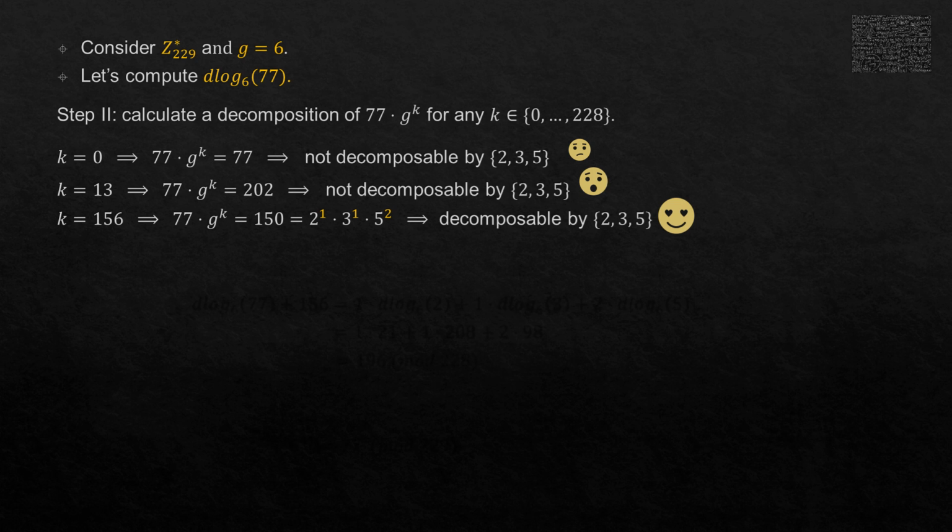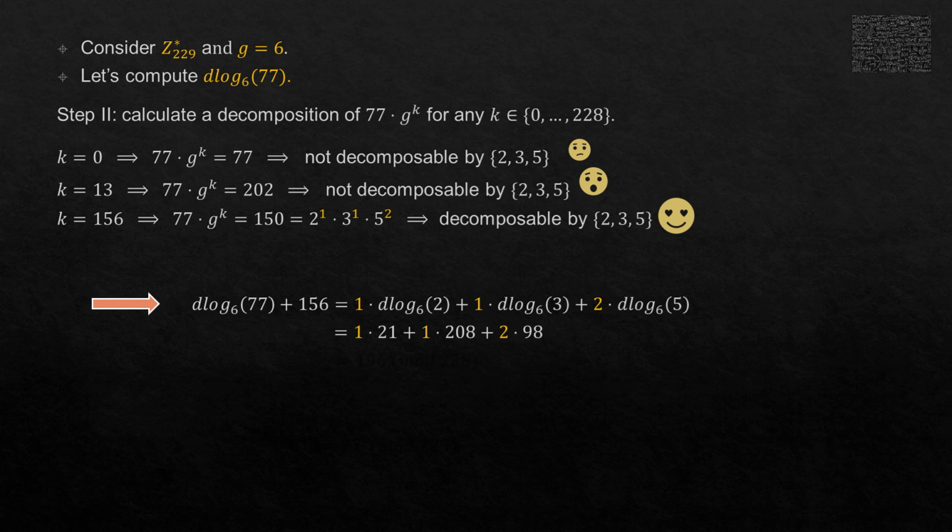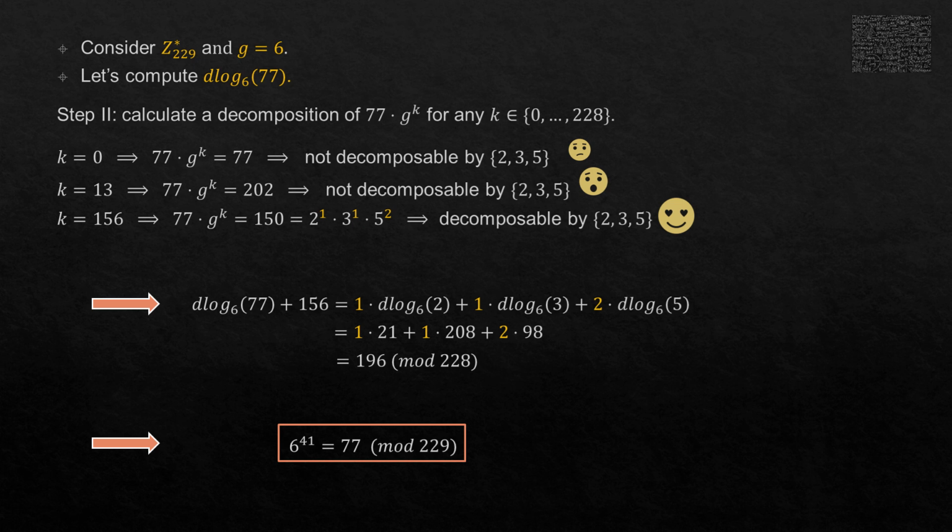And we take the discrete log of this equation to get that the discrete log of 77 plus 156 is equal to this linear combination of the discrete logs that we have already calculated. And we solve it to get 196. And bottom line, it turns out that 6 to the power of 41 is equal to 77 modulo 229.